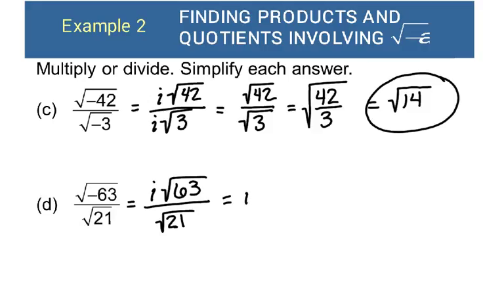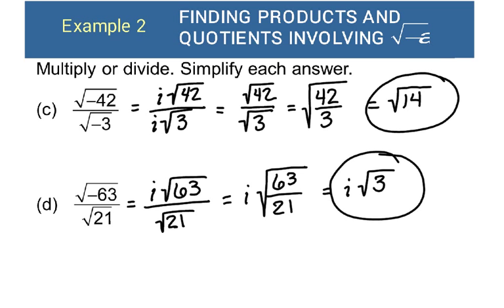We keep our imaginary number. And we can put together, just like we did in the step above, the square root of 63 over the square root of 21. We can put those together in the same radical. And that ends up simplifying to i times the square root of 3. And that is our solution.